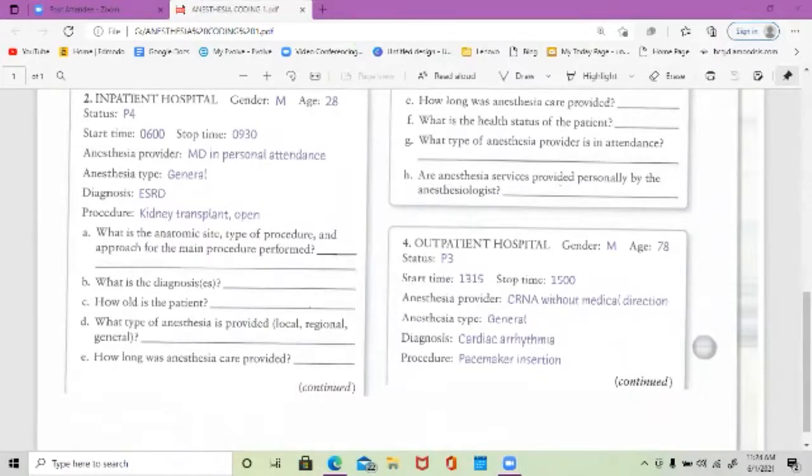Miss Roblin, you got A. Miss Rhonda, you got B. Miss Jada, you got C. Erin, you got D. Antoinette, you got E. So what is the anatomic site, type of procedure, and approach for the main procedure performed?